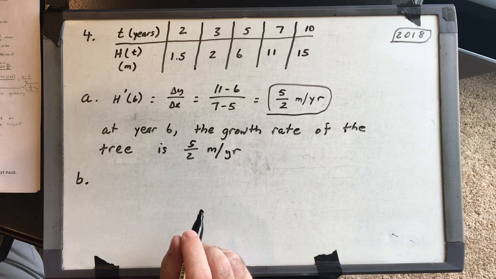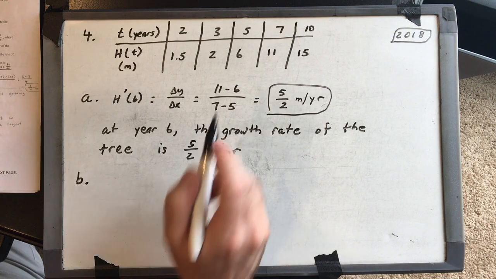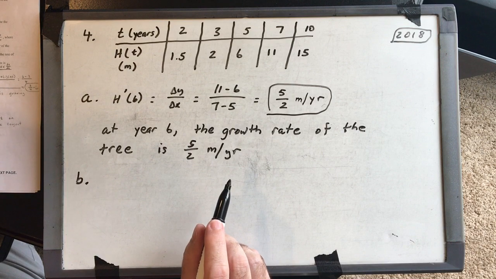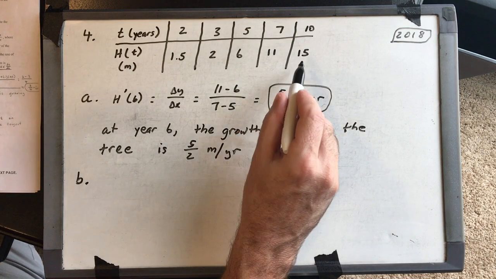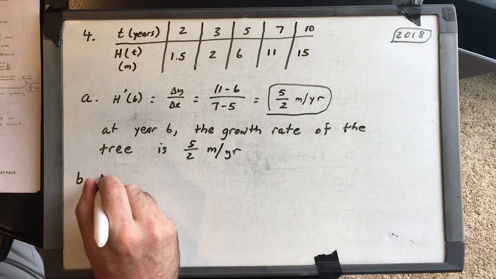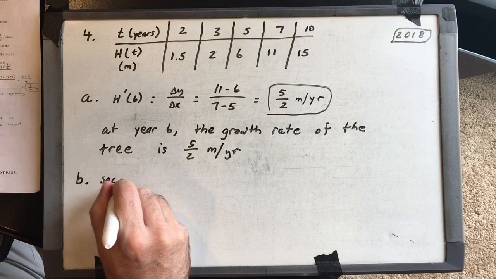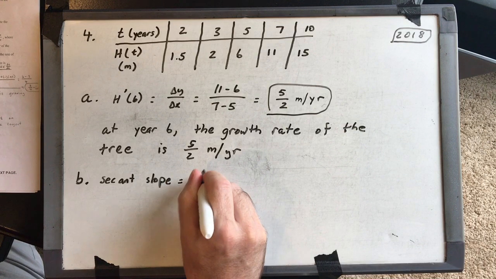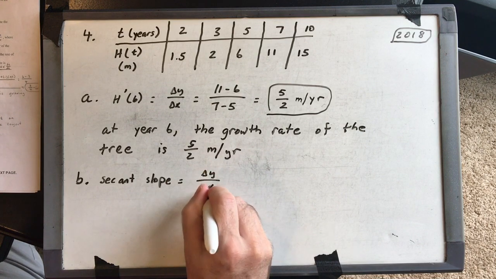It says, explain why there must be at least one time for t between 2 and 10, okay, that's the whole table, such that h prime of t is equal to 2. This sounds like a mean value theorem problem. So let's get the secant slope. It's going to be the change in y over the change in x.